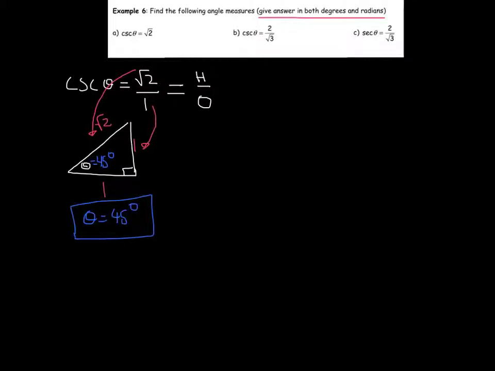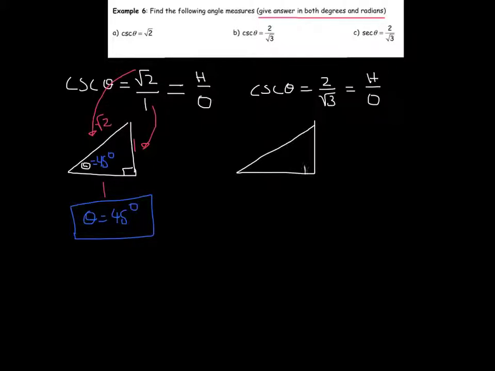All right, so letter B. Cosecant of theta is equal to 2 over root 3. So let's see what this says here. Well, once again, we just had this problem. Cosecant is the hypotenuse over the opposite. So once again, we're going to draw a triangle.